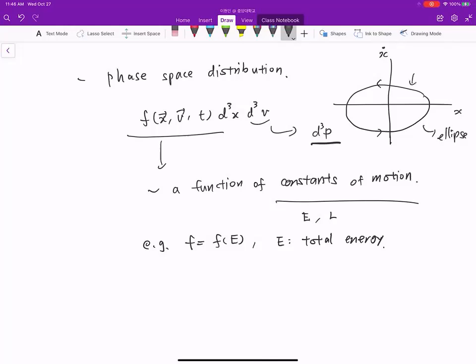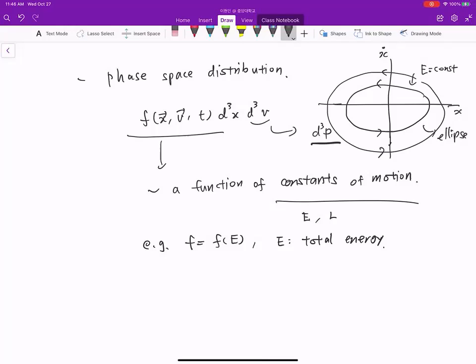So this contour is a contour along which the energy remains constant. If you increase energy, then you can increase velocity as well as position. So then you can draw another ellipse as you increase energy, right? Because of that, there is a dependence of the phase space distribution on the energy.